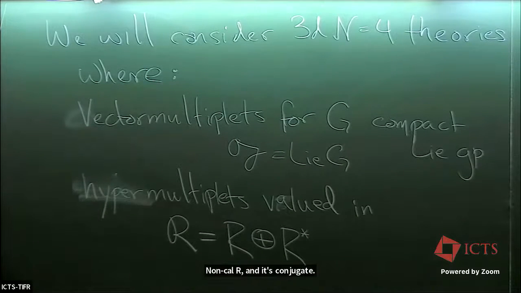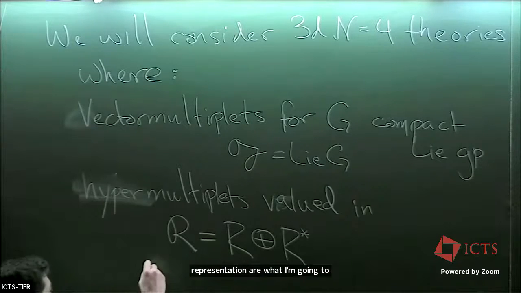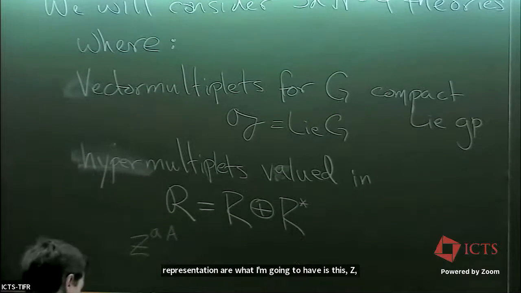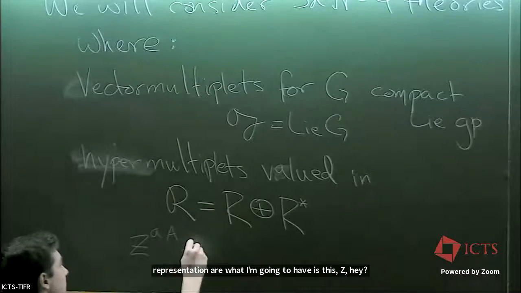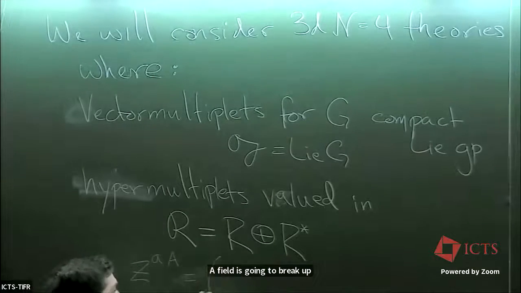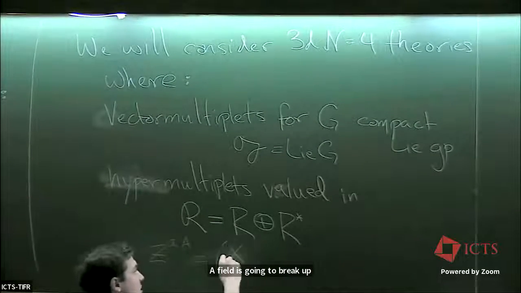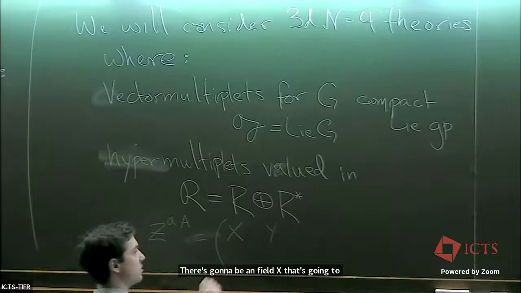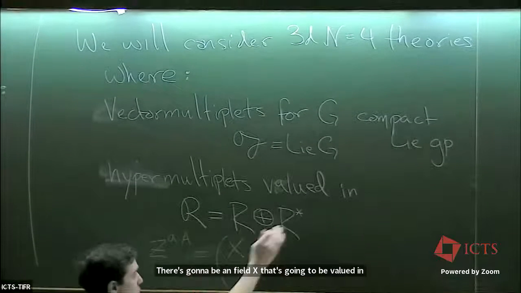So when I do this choice of splitting of our representation R, this Z^A field is going to break up into a matrix that I'll write like this. There's going to be a field X that's going to be valued in R. There's going to be a field Y that's valued in R dual.